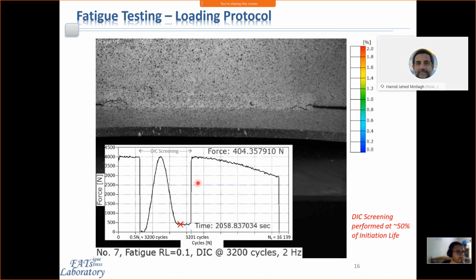Would that happen in other cases? We'll do the test and we'll see whether that remains the same or not. But so far, all the crack initiation has generated from that root of the weld. In the actual parts, typically we see, this is a high strength material.